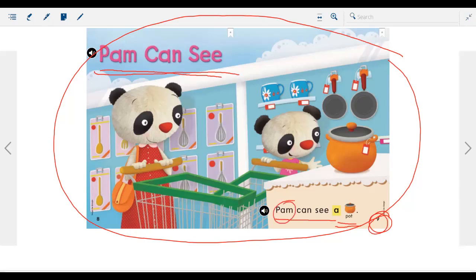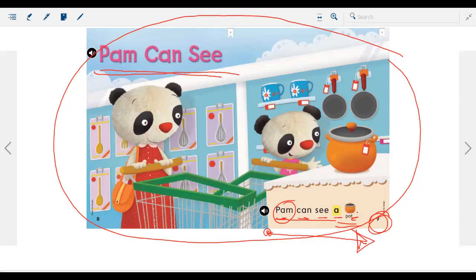Now, I will read the words from left to right. That is how we read, left to right. And I always point to each word as I read it. So make sure you are pointing with your finger.